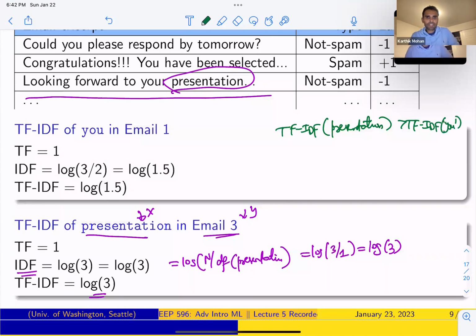So that means presentation is more important as a word in this email, as compared to you or your, right? So just the presence of you or your is not really indicating if it's spam or not spam, but something else might indicate if it's spam or not spam. So Tf-Idf is a way to fine-tune the weights that you associate with words in the bag of words model. Right.